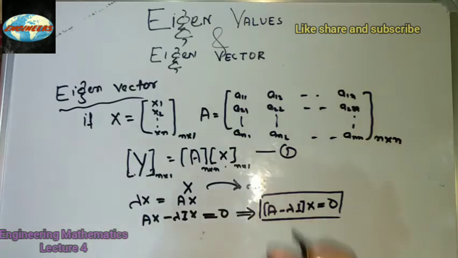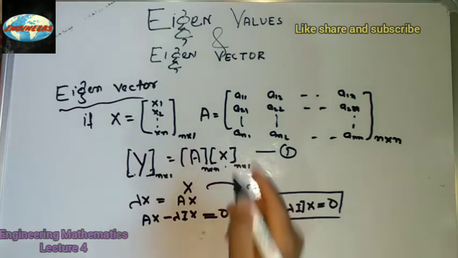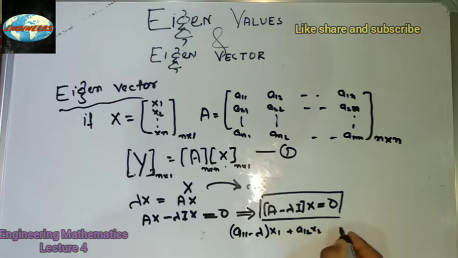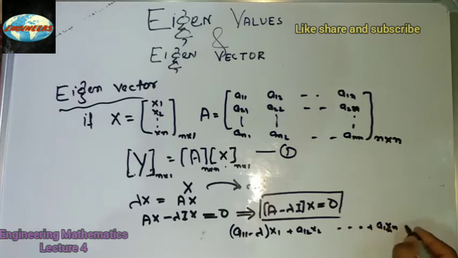This matrix, so if we do this, A minus lambda I into x, there will be some equations formed, like this. So A minus lambda I: (a11 minus lambda) x1 plus a12 x2, and so on, plus a1n xn is equal to 0.